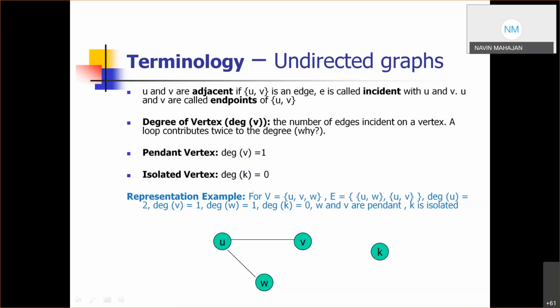So the degrees of V and W are 1, and they are called pendant vertices. What is an isolated vertex? Here K is the isolated vertex. When the degree of a vertex is 0, that means there are no edges incident on it, and it is called an isolated vertex.